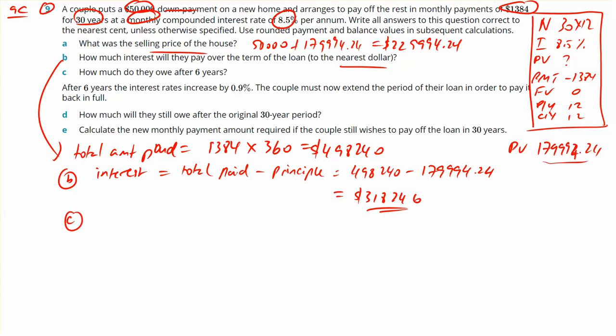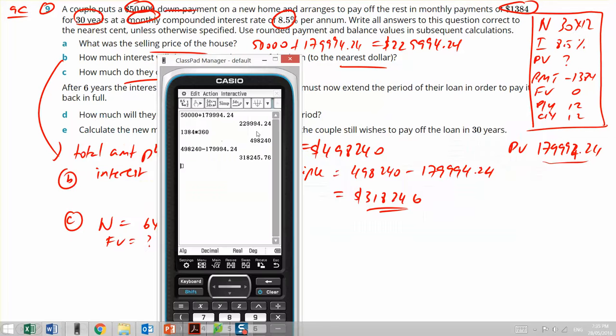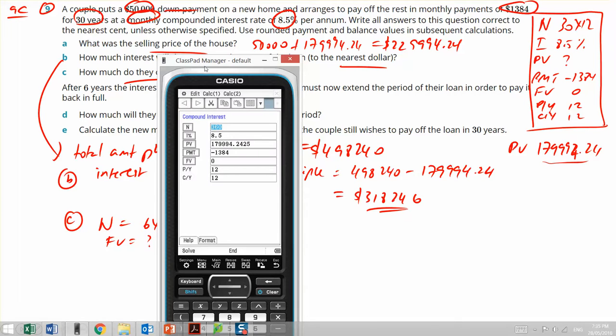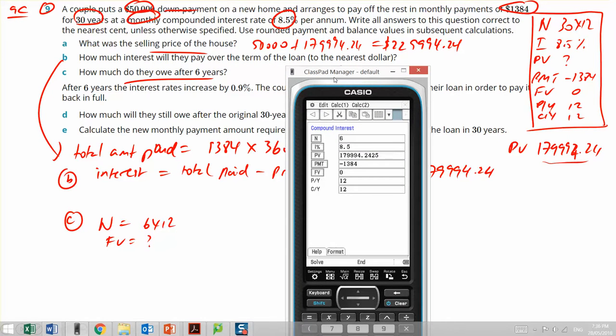Part C, how much is owed after 6 years? So for 6 years, your N is now 6 times 12. It's no longer 30 times 12. And you want to find the final value after 6 years. So I'm going to use my financial solver. It's 6 times 12 now.